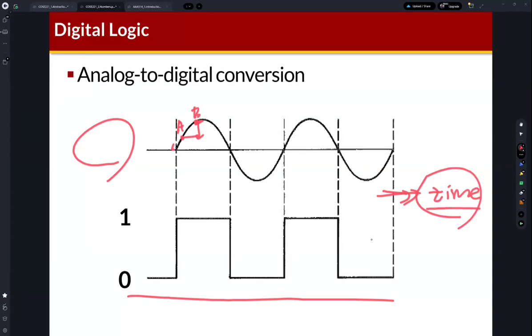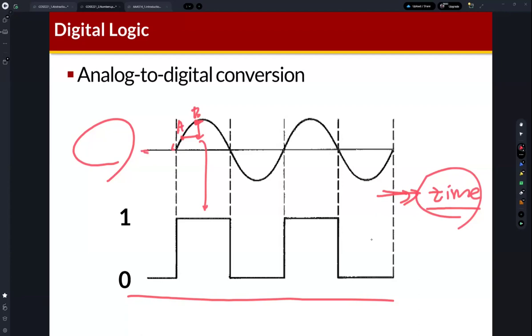But when a digital system understands this analog signal, it needs to be transformed into digital signals like this. In the digital signal, we have only 1 and 0 values.